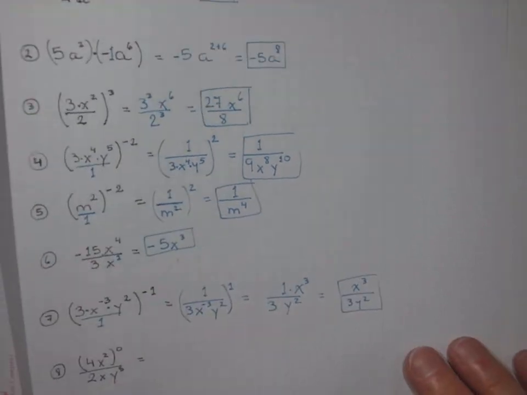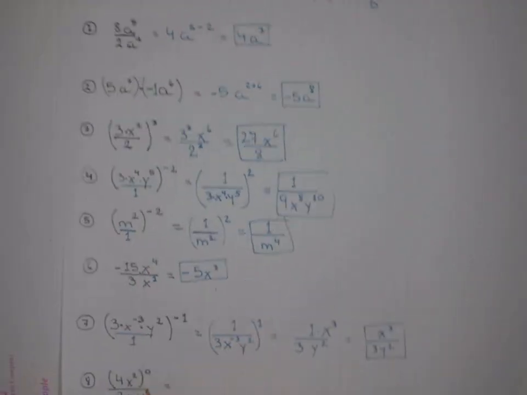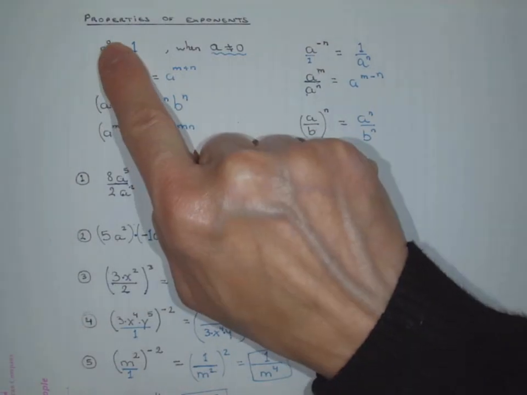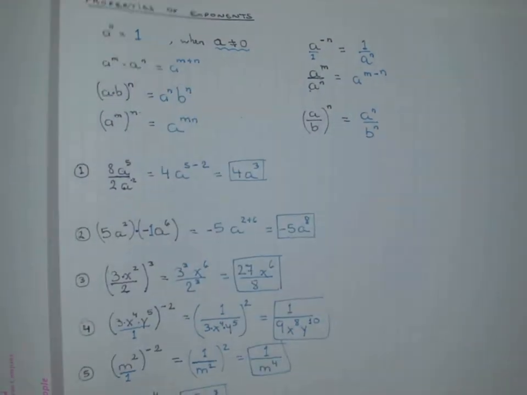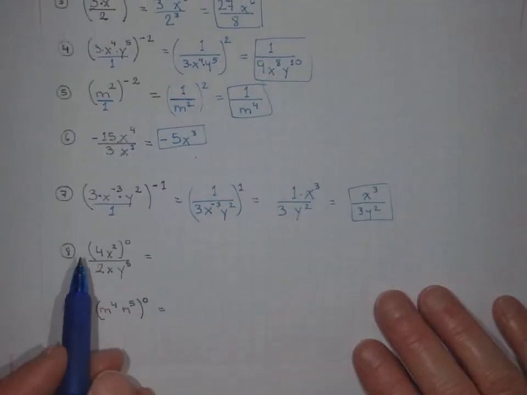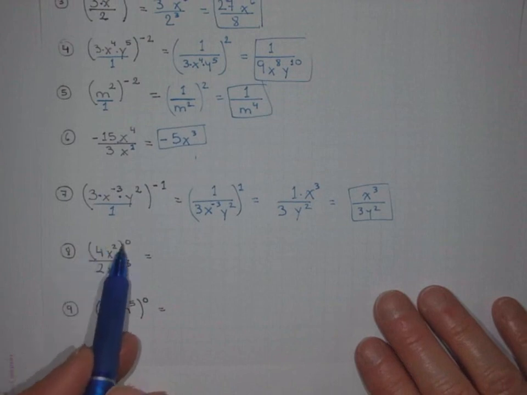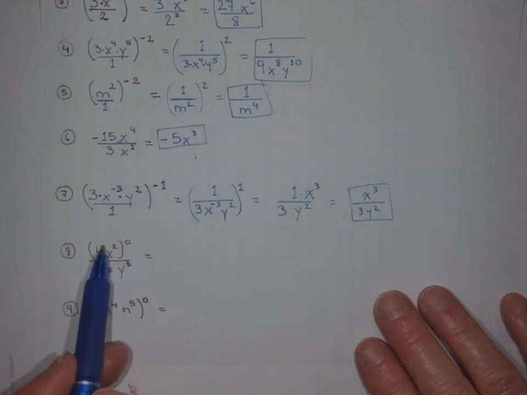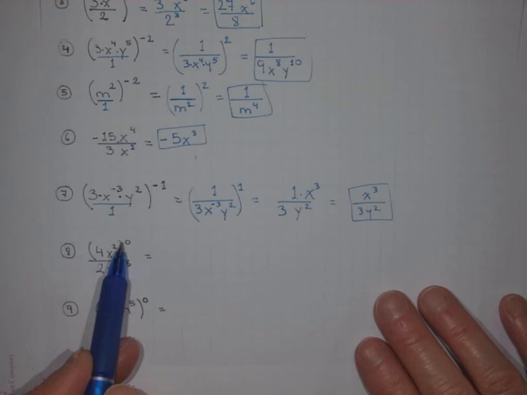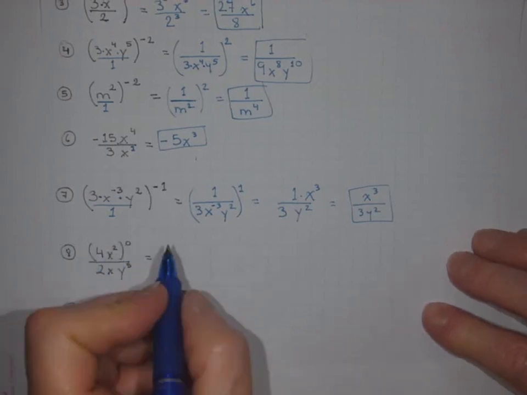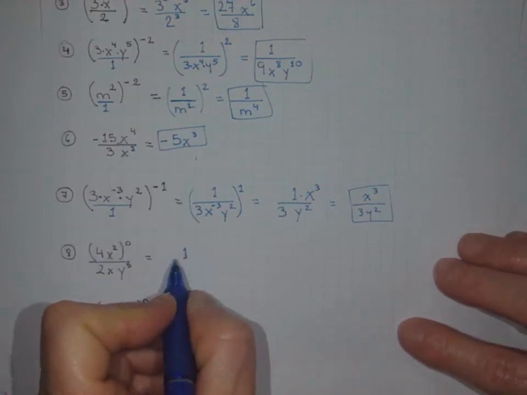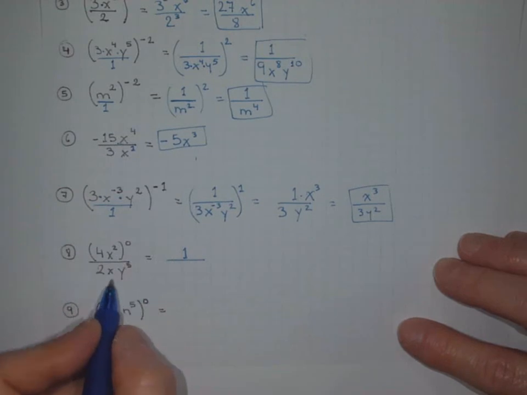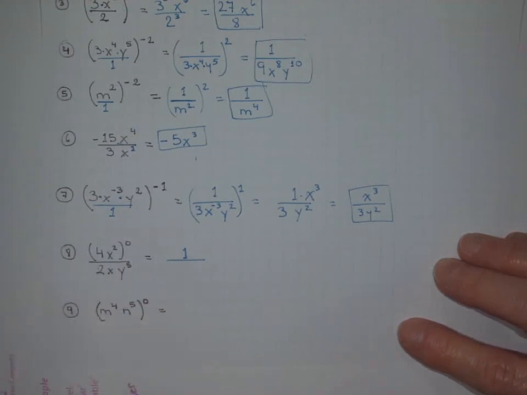Now this one, remember we said that anything to the 0 power goes to a 1. So 4x squared to the 0 power, that whole thing is to the 0 power, so that whole thing becomes a 1. So just a 1. However, at the bottom, that 0 power does not get applied to my denominator, right?